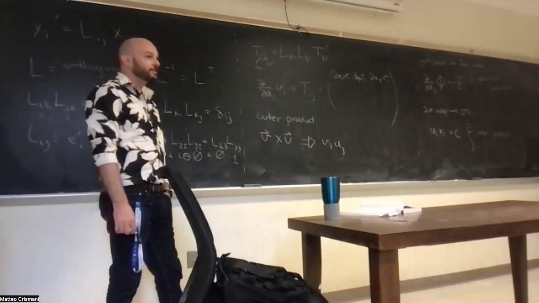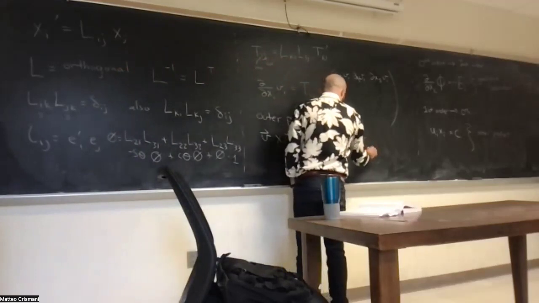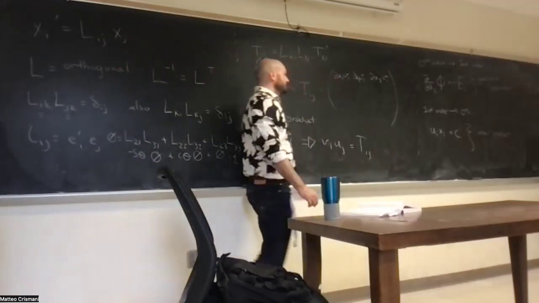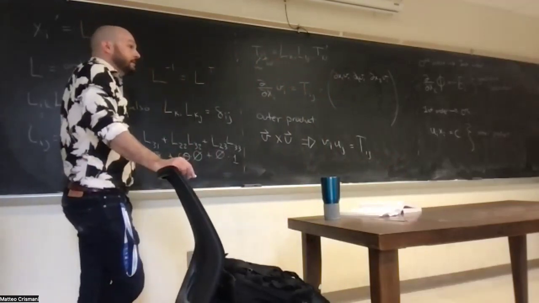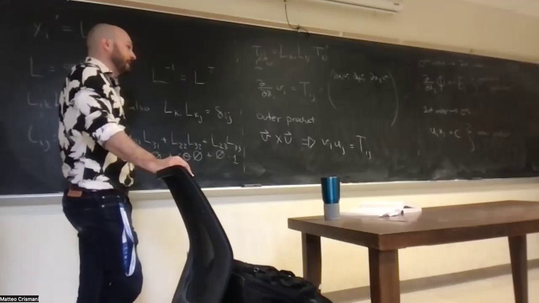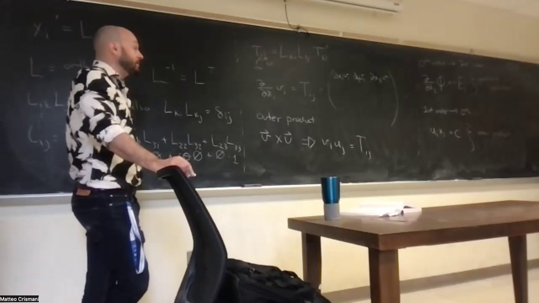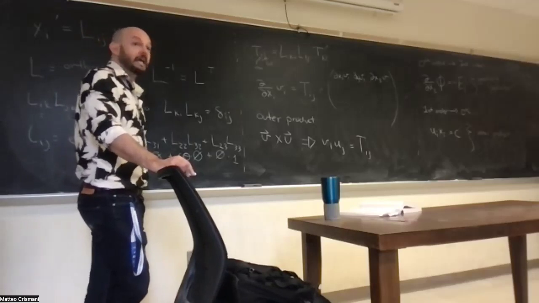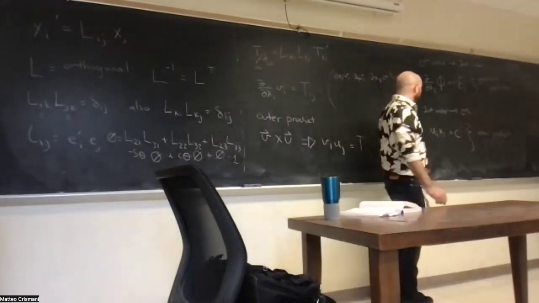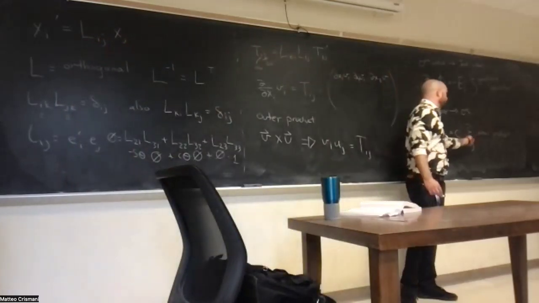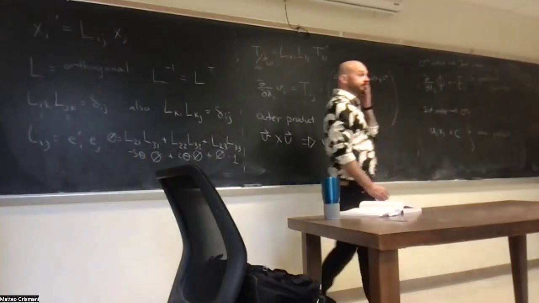And what is that equal to? Well, that is our new tensor Tij. Notice the difference. The outer product takes two first order tensors and gives you a second order tensor. The inner product takes two first order tensors and gives you a zeroth order tensor. Okay. That makes sense?